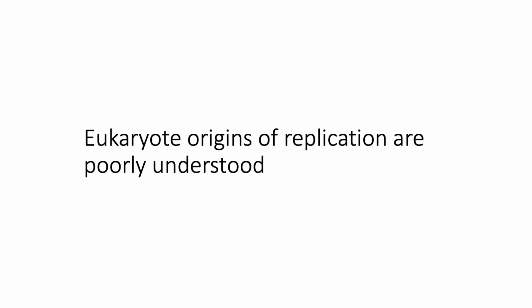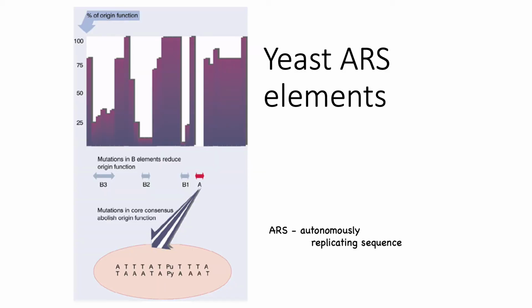Now, unlike bacteria, eukaryotic origins are kind of poorly understood. And the first one that was identified was in a yeast, a Saccharomyces extrachromosomal piece of DNA called a 2-micron circle.